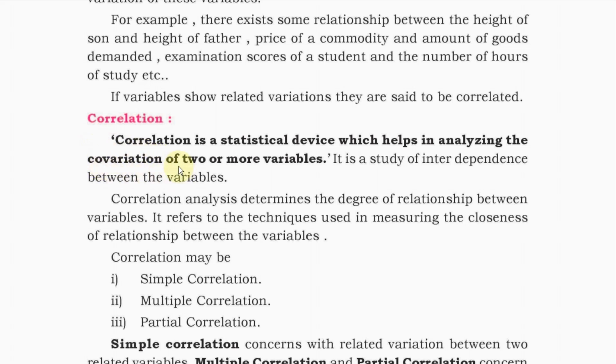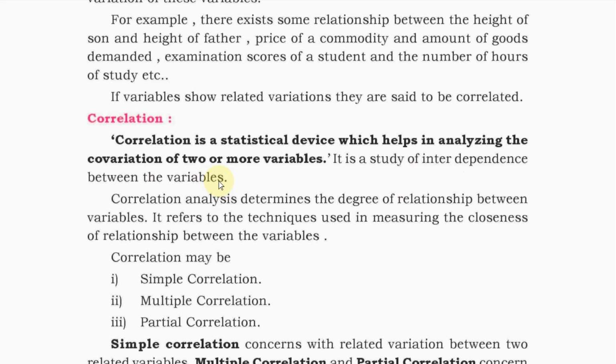Now here variation between two variables is called covariation, between two or more variables at a time. In other words, it is the study of interdependence between two or multiple variables, the level of dependency of two or more variables among themselves.